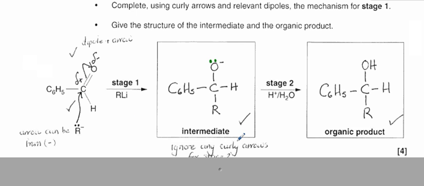Then here, the mark scheme says that you can ignore any curly arrows on this intermediate. If the intermediate is correct, that's absolutely fine for your mark. So you're getting 1 mark here for your dipoles and this curly arrow, 1 mark here for the curly arrow from the R to the C delta plus, 1 mark for the intermediate, and 1 mark for your product.